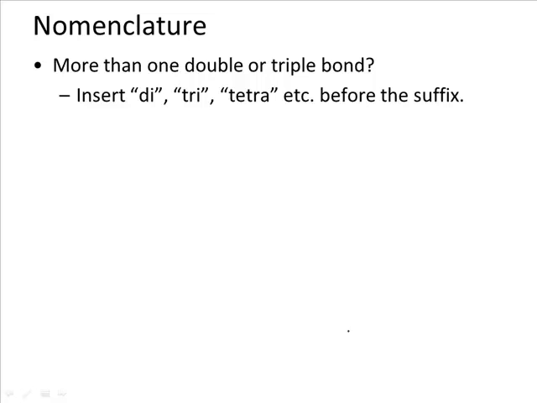Prefixes like di, tri, and tetra. And where we put them is right before the suffix. Consequently, if you have 2 double bonds in a molecule, we would say that rather than it just being an ene as a suffix, we would say diene. If we had 3 double bonds in a molecule, we'd call it a triene. If we had 4, it would be a tetraene, and so on.